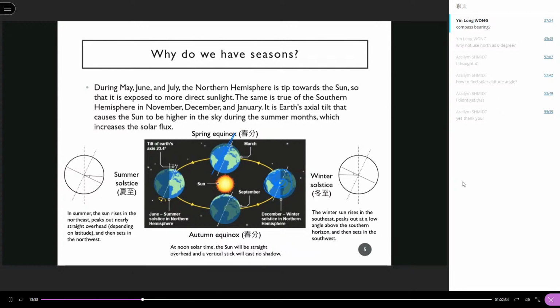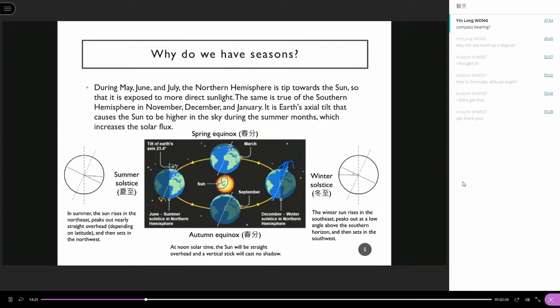So first of all, let's talk about winter in the northern hemisphere. For December, you may be aware that the pole-to-pole axis, the North Pole, is pointing away from the sun. The sun is over here, and the North Pole is pointing away from the sun.